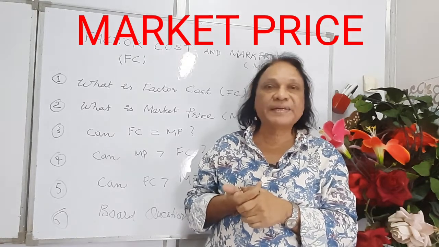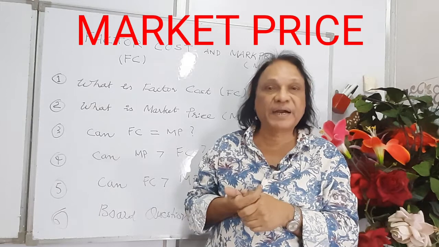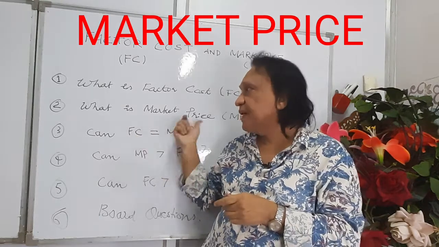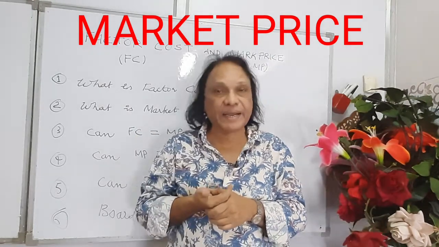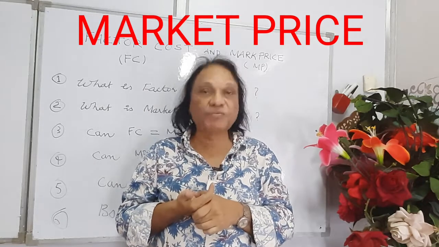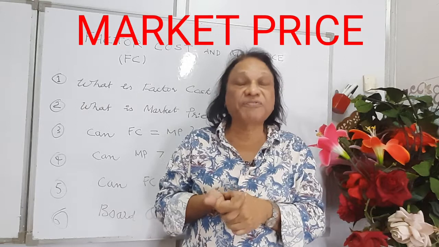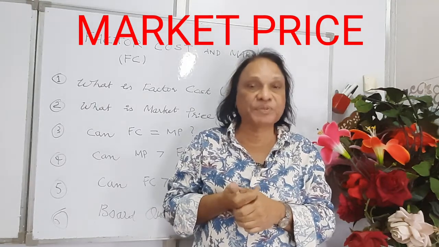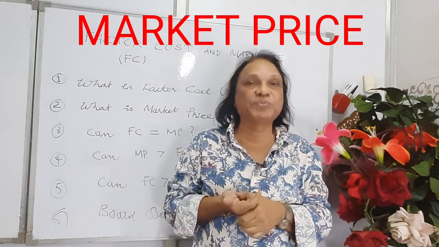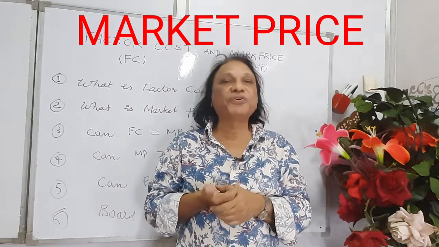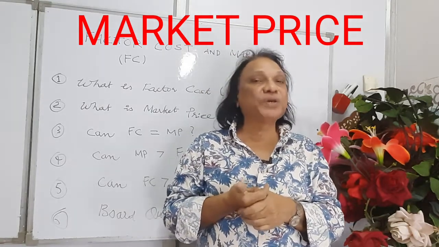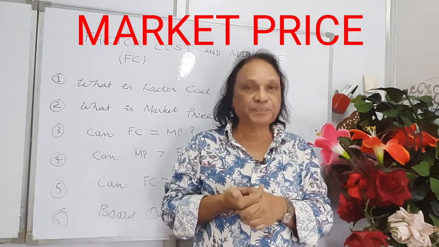So market price is nothing but factor cost plus net indirect taxes, NIT, which we discussed earlier. NIT is the difference between indirect taxes and subsidies. NIT is equal to IT minus subsidies. So if you add NIT to factor cost, we get the market price of the commodity.